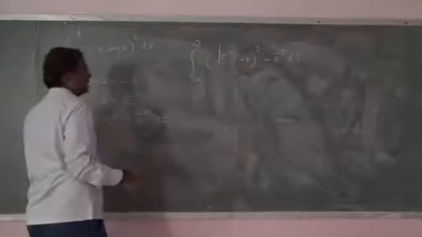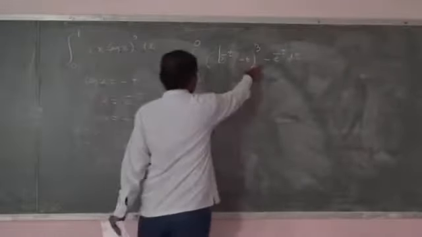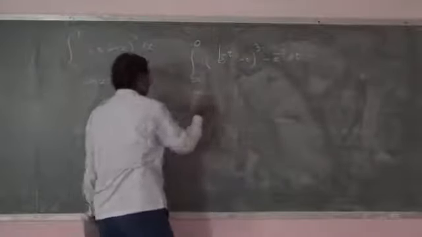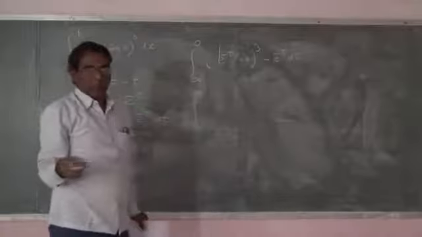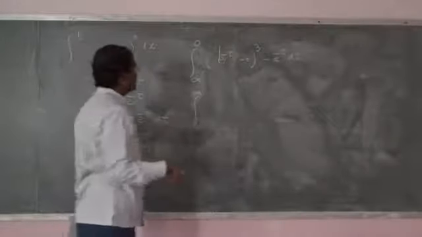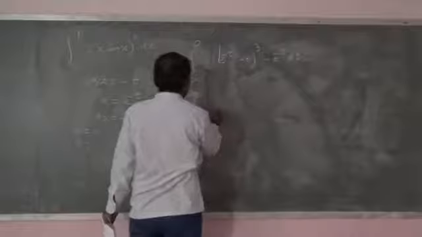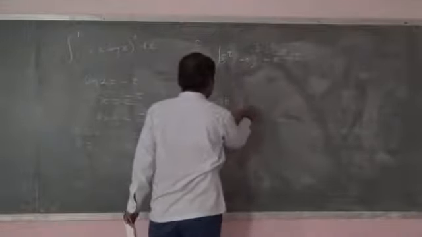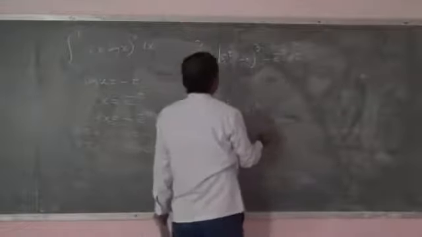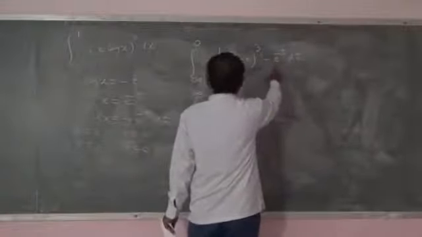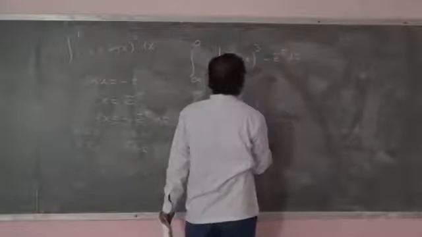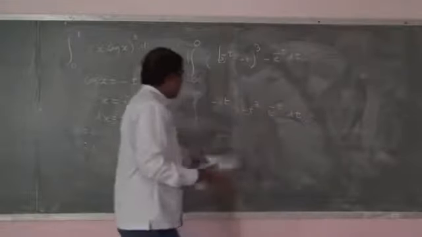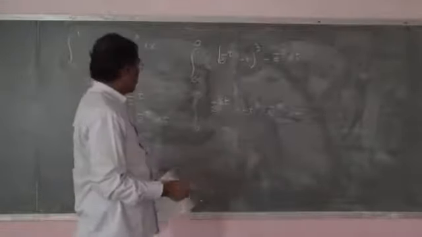Now if you remove this minus, as I already told in the previous problem, this becomes 0 to infinity. So now this is e to the power minus t, and this is minus t whole cube, which is minus t cube, and again here e to the power minus t into dt.